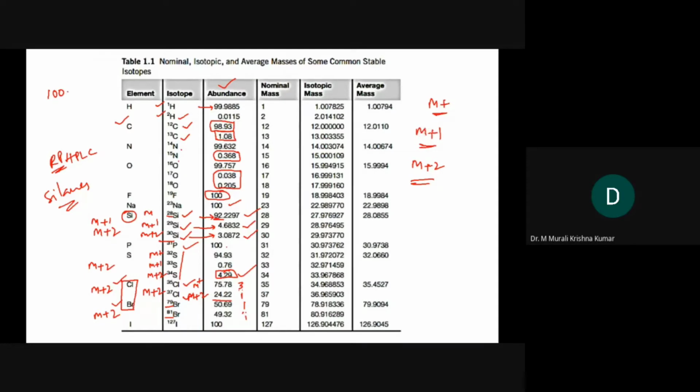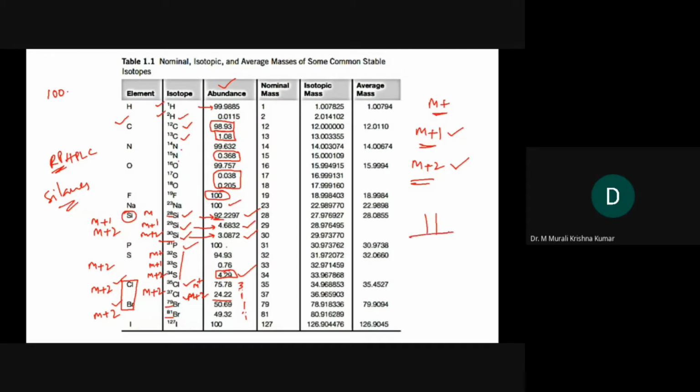The second point is, the relative abundance of the M plus 1 and M plus 2 peaks will give you a clear-cut understanding of the qualitative and quantitative presence of certain elements. If you see in this table, let's say you have a halogen compound.